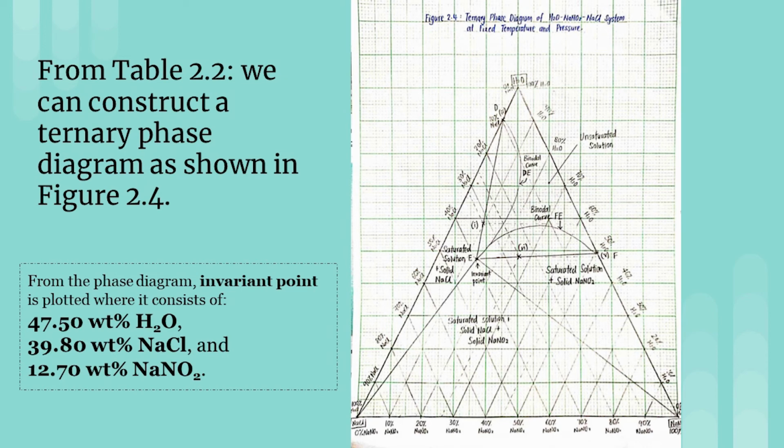From the phase diagram, the invariant point is plotted where it consists of 47.5 weight percent of H2O, 39.8 weight percent sodium chloride, and 12.7 weight percent of NaNO2.